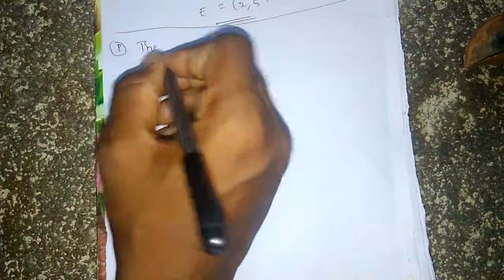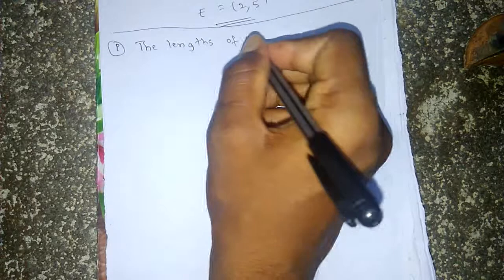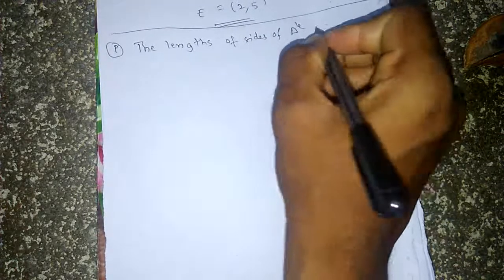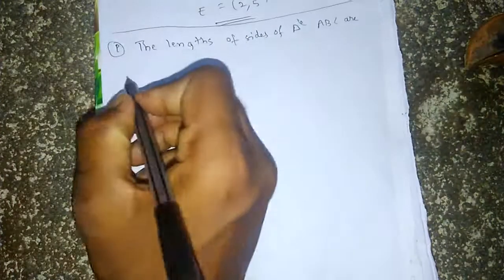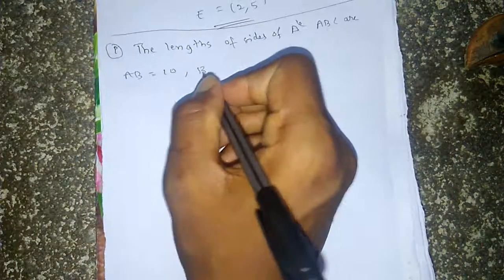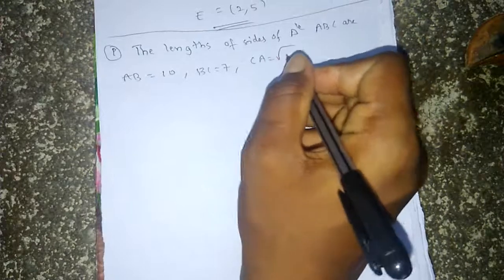Our next problem: the lengths of the sides of the triangle are AB is equal to 10, BC is equal to 7, CA is equal to root 37.